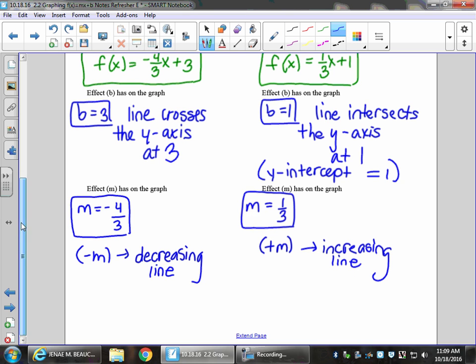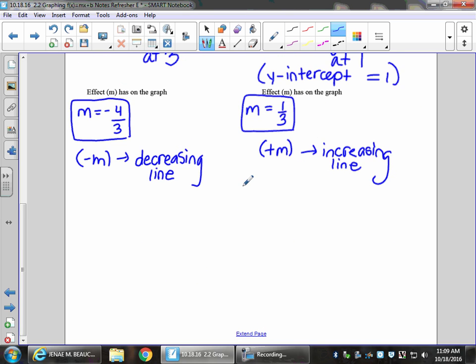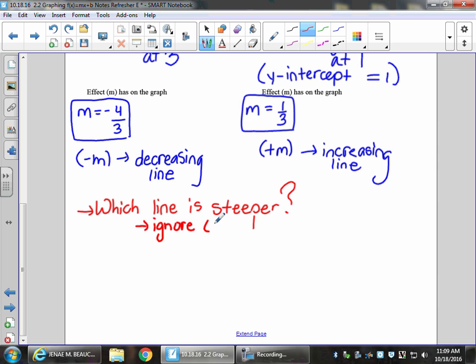Awesome. Now, the question is not here, but I want to add it. Which line is steeper? How would you figure that out? Does sign matter? So if you want to make yourself a little note, ignore positive or negative.